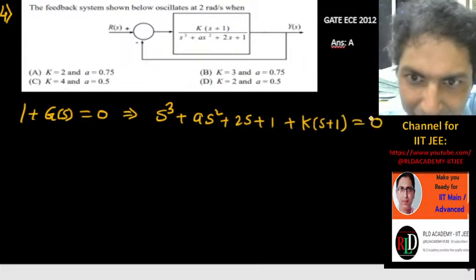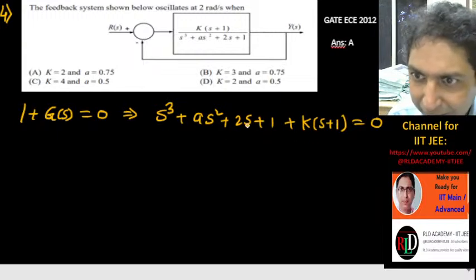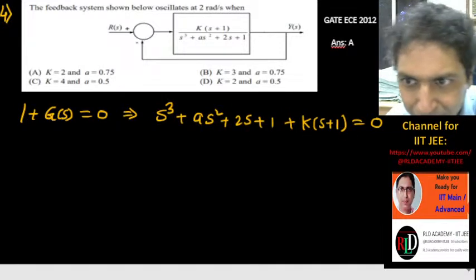I think you can understand. Whenever I add this, the numerator will be added here, and then the denominator and numerator are here. So numerator plus denominator will give you total 1 plus G(s)H(s), and that is equal to 0.